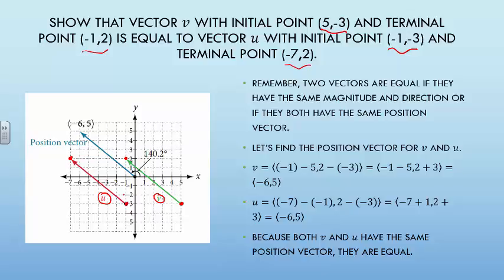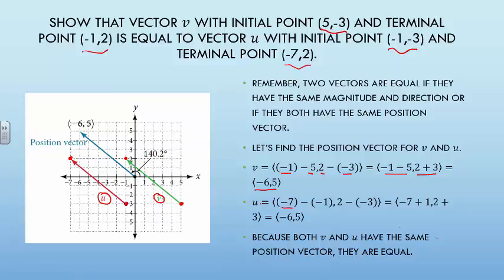Starting with v, we have our x2, negative 1, minus our x1, which is 5. Our y2, 2, minus our y1, negative 3, giving us negative 1 minus 5 for the x's, and 2 minus negative 3, a minus and a minus makes a plus, so we have 2 plus 3 for our y's. Further simplifying to negative 6, 5.